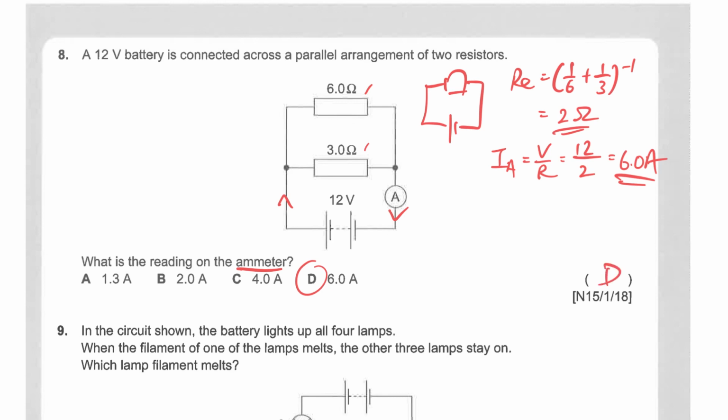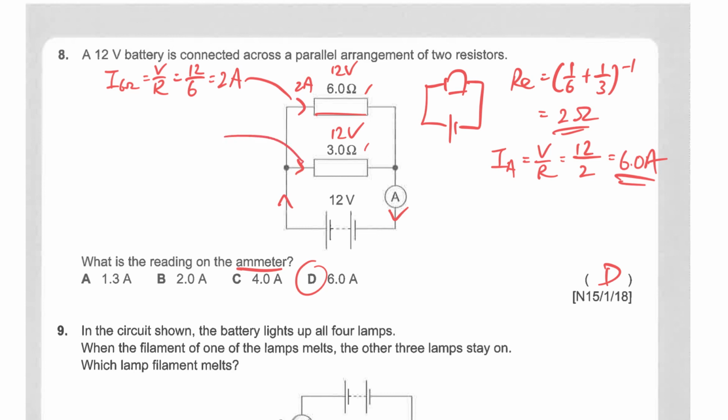Now, of course, just to show you, I can also find the individual currents. Because these two are connected in parallel, the V here and the V here must be the same. And since they are parallel to the battery, this is also 12 volt, and this is also 12 volt. So what's the current flowing through the 6 ohm resistor? V over R. The V across the 6 ohm resistor is 12 and the resistance is 6, therefore it's 2 ampere in this branch.